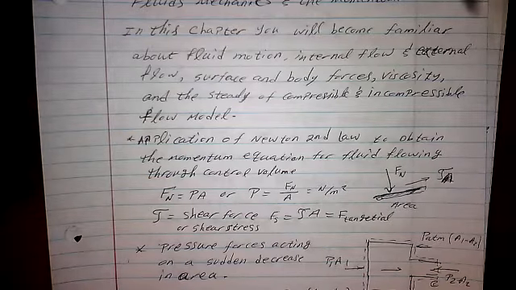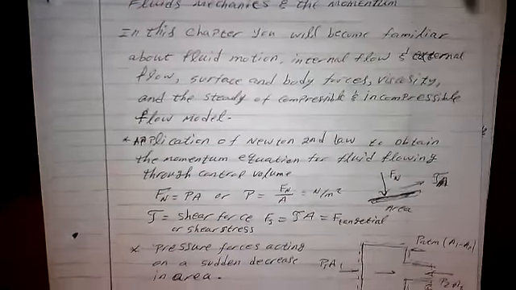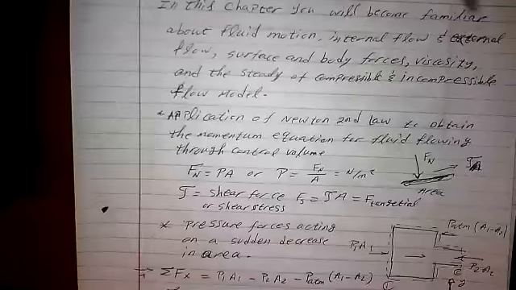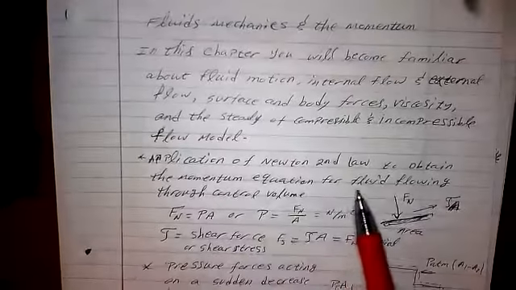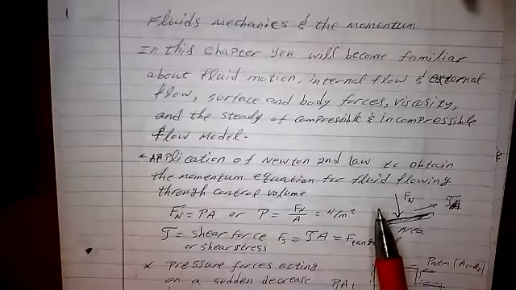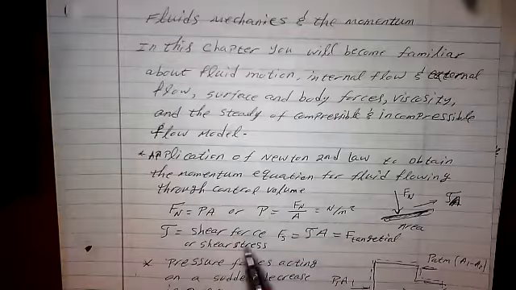The angular momentum is the moment of a momentum. So that is the dynamics chapter about fluid flow: the application of Newton's second law to obtain the momentum equation for fluid flowing through the control volume.